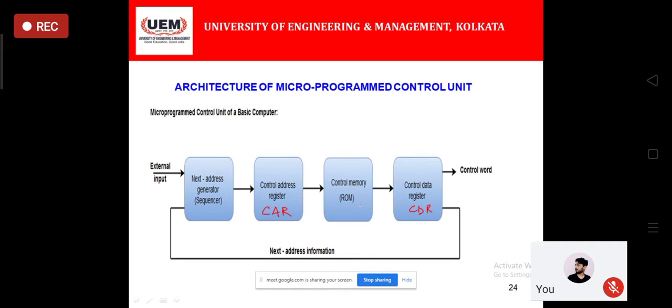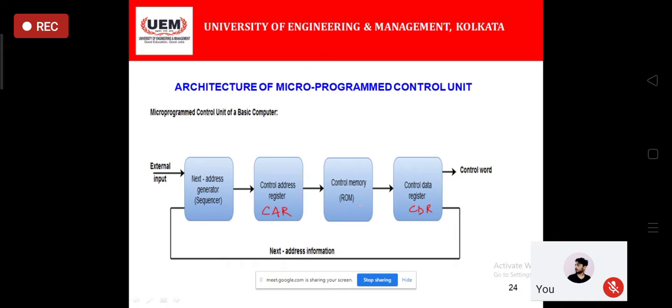You just note down one point, that this is the ROM actually, and it is going to store the control information. It stores all the control information permanently in the ROM because it is not RAM. It is ROM. It is stored permanently.